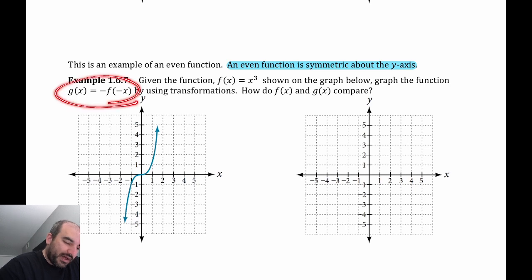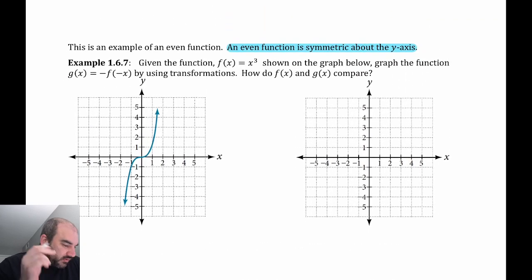Why are we graphing that? I don't want to graph that. Negative of f of negative x. Interesting. I don't think we want to graph that. I think I'm going to change this problem. We want to start with x cubed. We don't want this negative here, so get rid of it. We just want f of negative x.